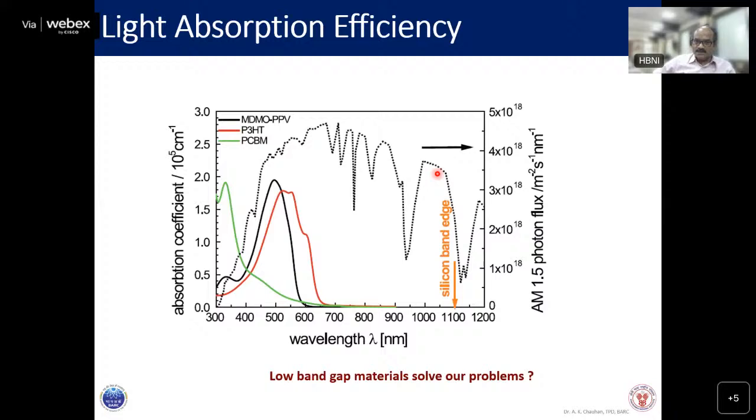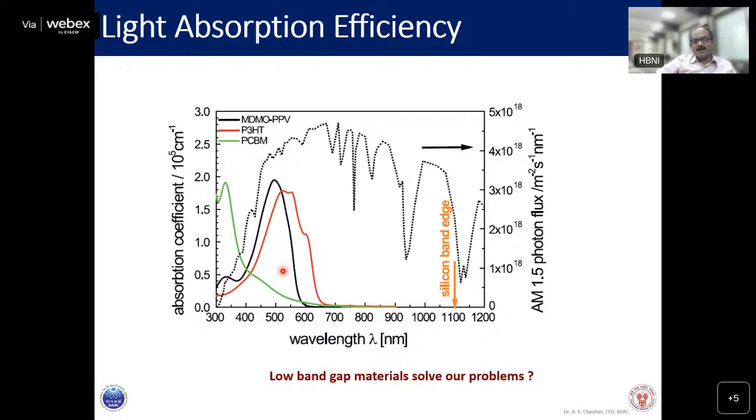And this dotted spectrum is the corresponding solar spectrum. If we have this P3HT material, which I am using as a donor material, it can absorb only this part of the spectrum. All the other part will go to waste. If this part is not absorbed, this is waste.